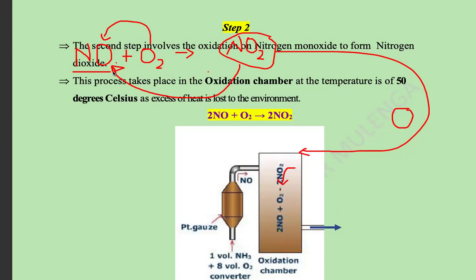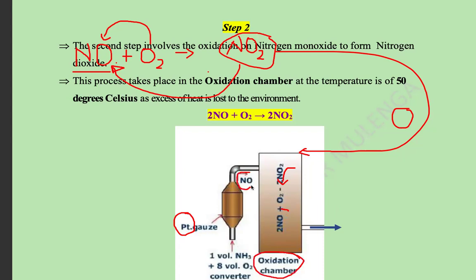So the first chamber, because there was platinum present, we called it the catalytic chamber, also the converter, because we're converting ammonia to nitric acid. And in the second chamber, we are just doing the oxidation.